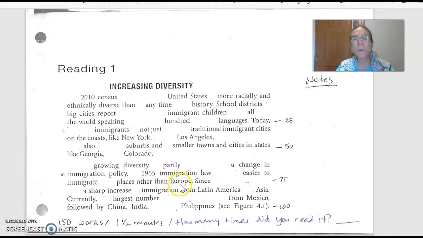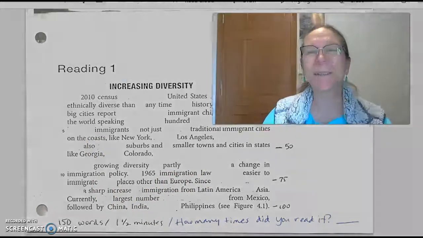Instead of Europe, you have immigrants from Latin America and Asia: Mexico, China, India, Philippines. That's pretty straightforward, right? You don't need all the extra words that I took out. So yeah, I think that you had to read that second one faster.